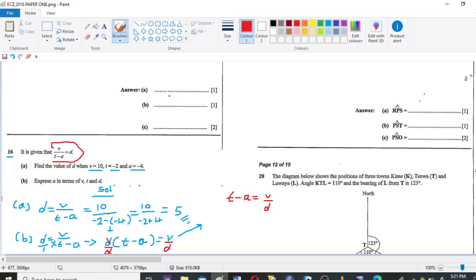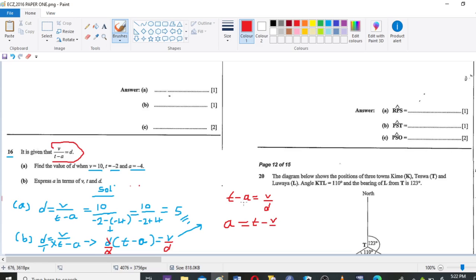Now you want a the subject of the formula. Making a the subject of the formula gives us a is equal to t minus v over d.